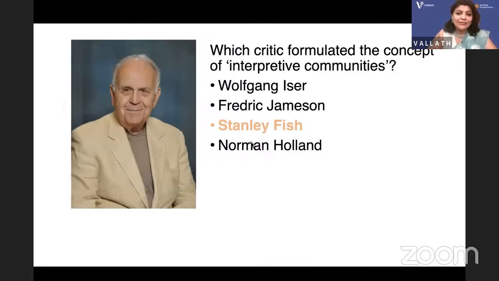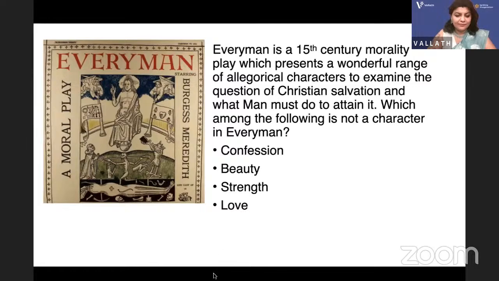Okay, Ankita, you can read the next one. Everyman is a 15th century morality play which presents a wonderful range of allegorical characters to examine the question of Christian salvation and what man must do to attain it. Which among the following is not a character in this morality play, Everyman?